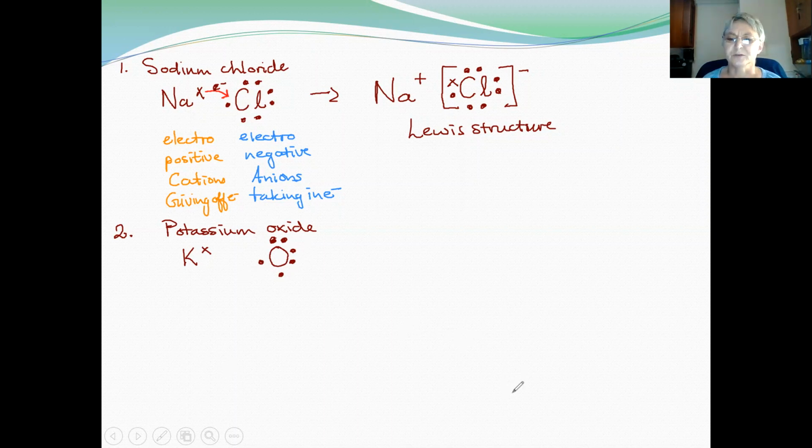Righto, so potassium is electropositive, so it will give its electron to oxygen. But oxygen needs 2 electrons, so another potassium atom is required to give its electron to that oxygen there.